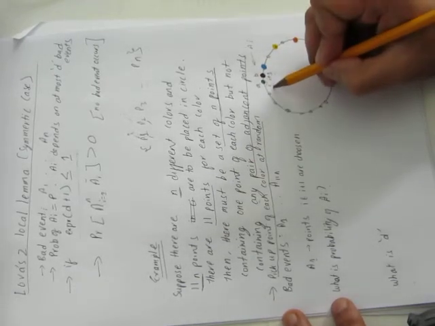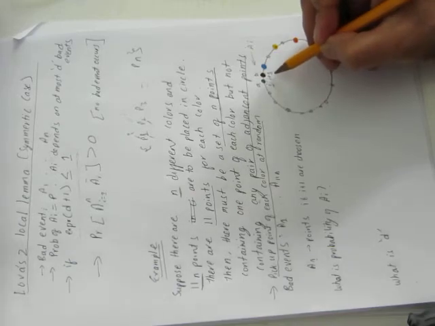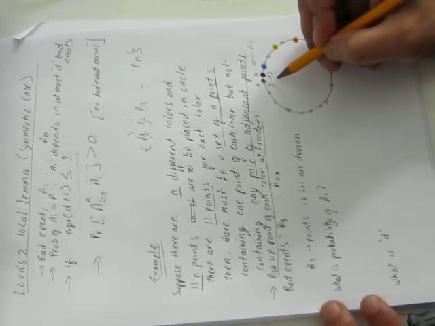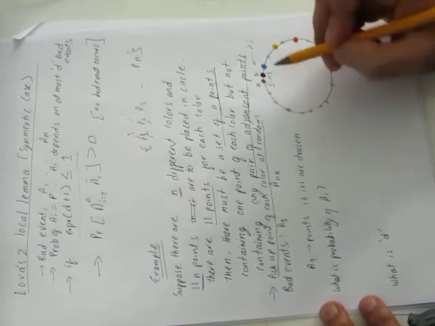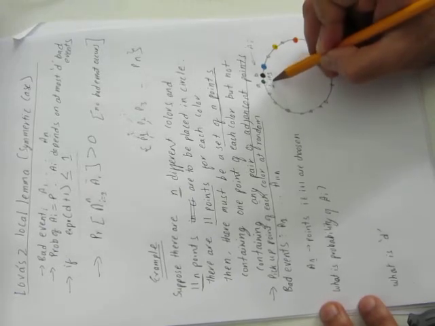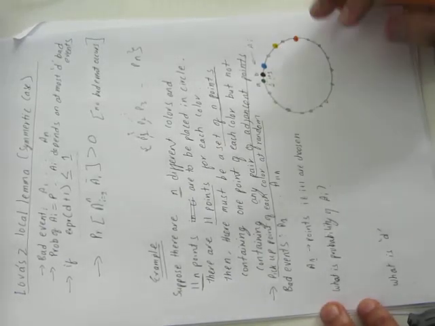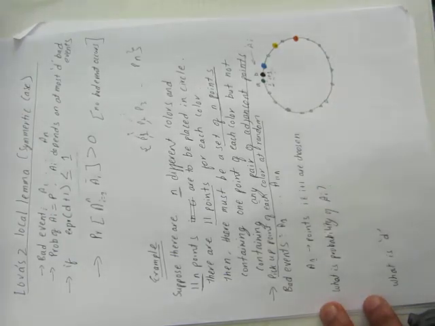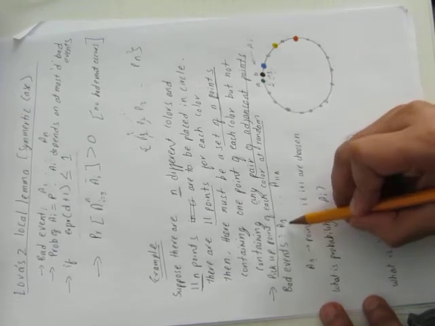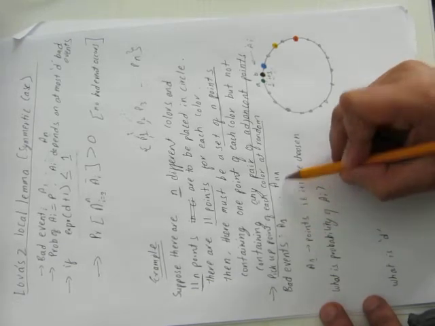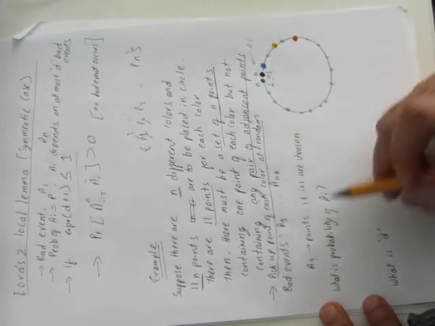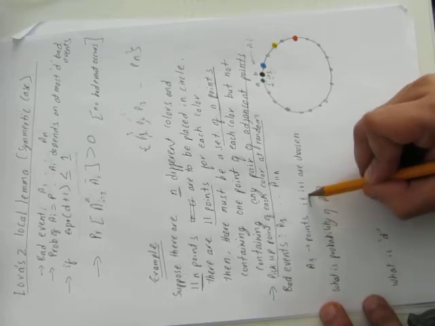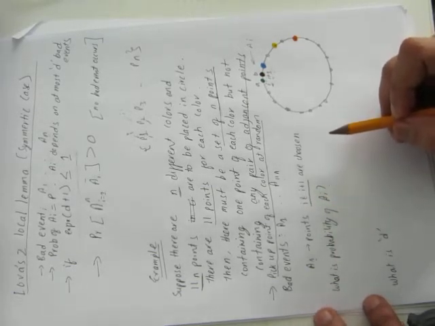If we choose i, then we can't choose i plus 1. So the bad event is we choose i and we also choose i plus 1. So there can be 11n such bad events. So we have A1 to An bad events, and a bad event means points i and i plus 1 are chosen.